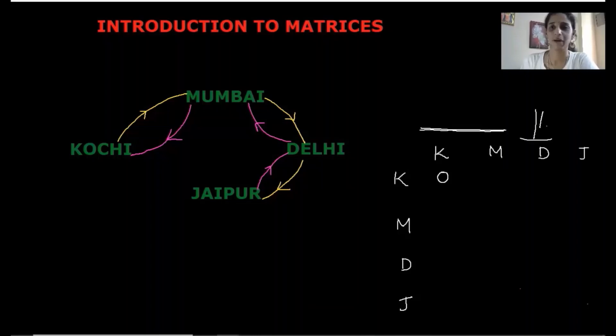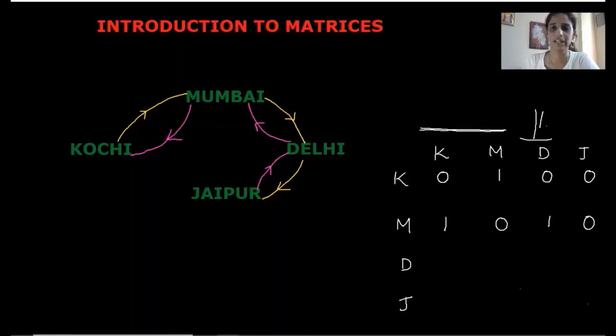And Kochi to Mumbai, 1. Kochi to Delhi, nothing here, so 0. Kochi to Jaipur, again 0. And Mumbai to Kochi, 1 again. Mumbai to Mumbai, 0. Mumbai to Delhi, 1. And Mumbai to Jaipur, 0.